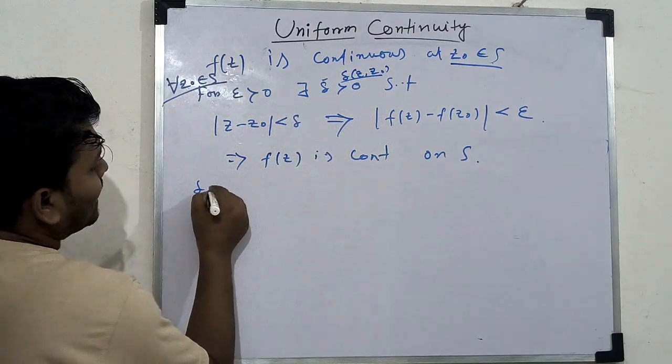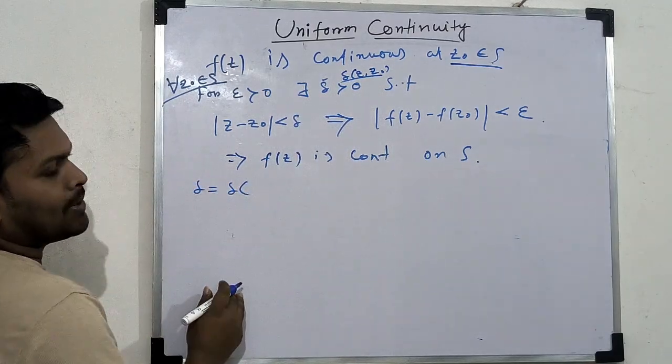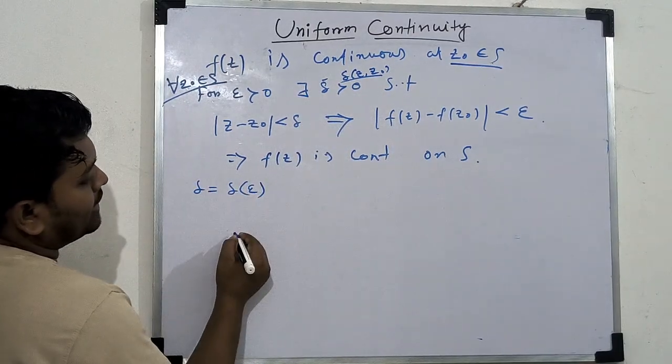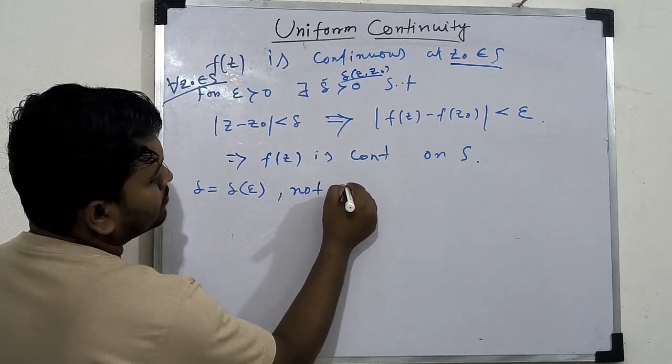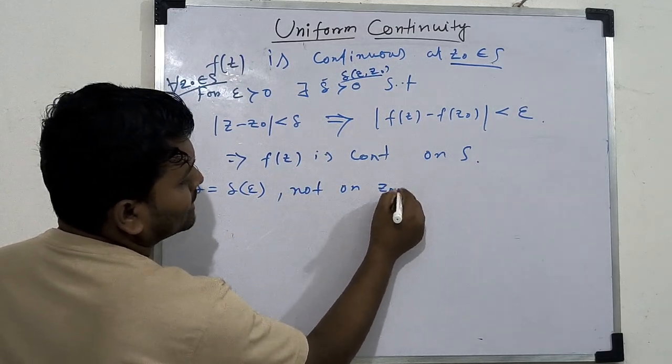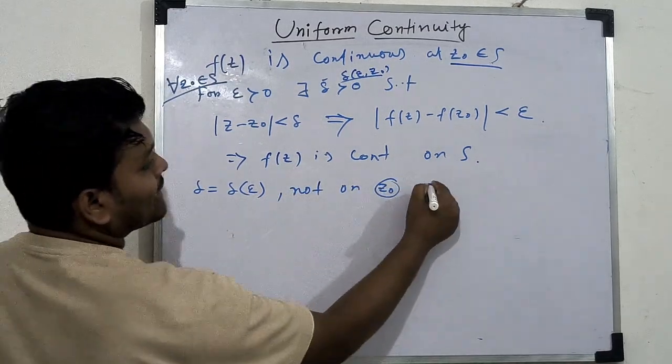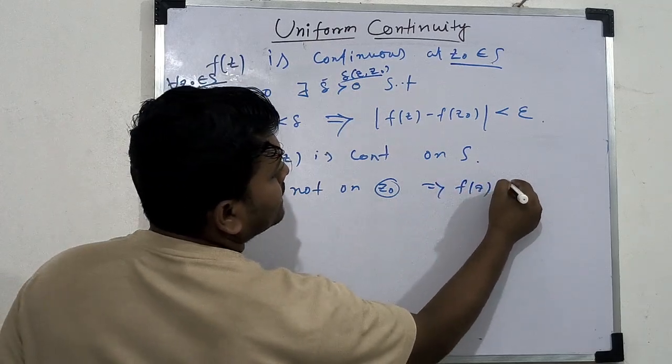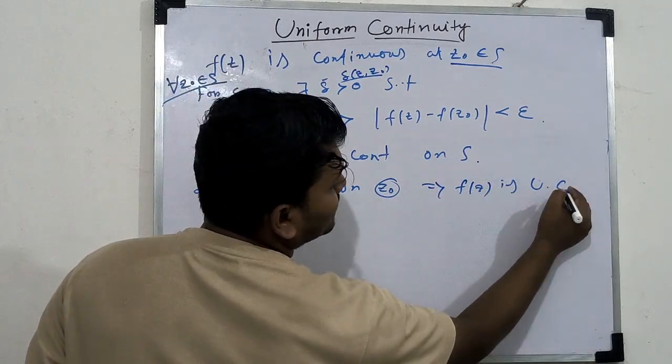So whenever delta becomes dependent only on epsilon, not on this point, then we say f(z) is uniformly continuous, that is UC.